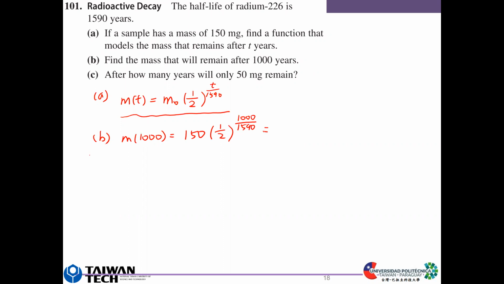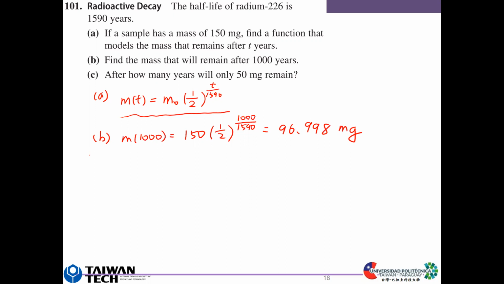Yes, in this case you need a calculator, which gives 96.998 mg. Let me double check the answer, which is here. You see, this is chapter 4, problem 101.